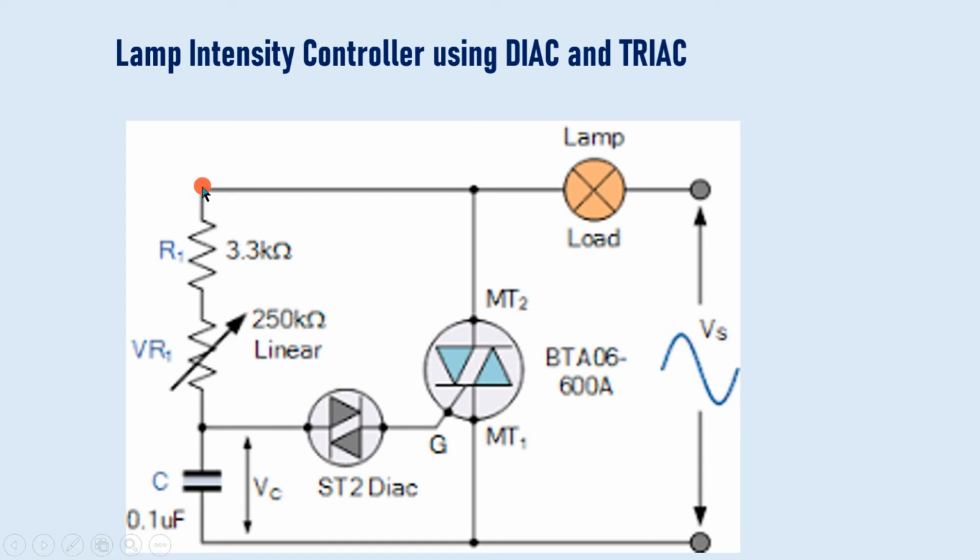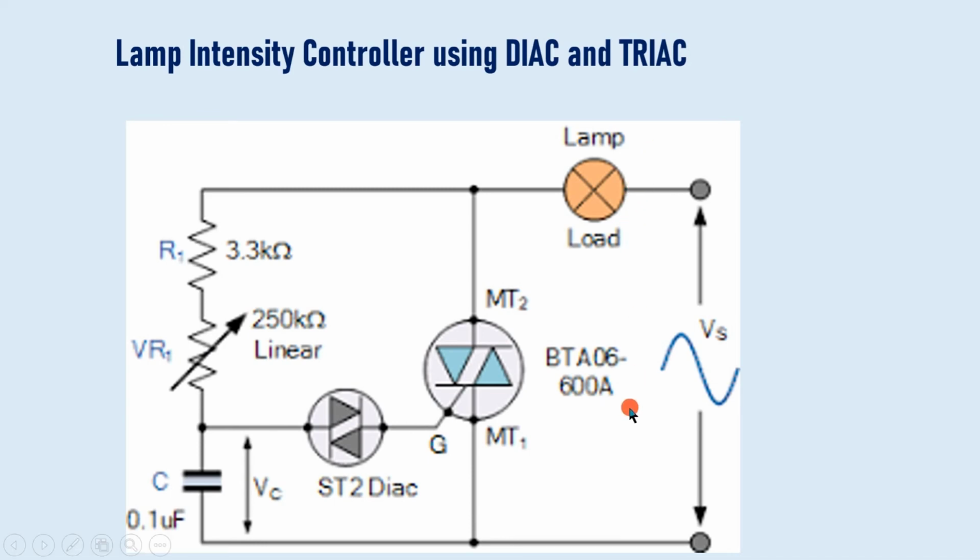At a particular voltage, if it crosses 32 volts, this diac will provide a gate triggering pulse, and this triac will start to conduct. It works as a closed switch, and therefore for the remaining part of that half cycle, current will flow in this direction, and accordingly you will get light intensity.